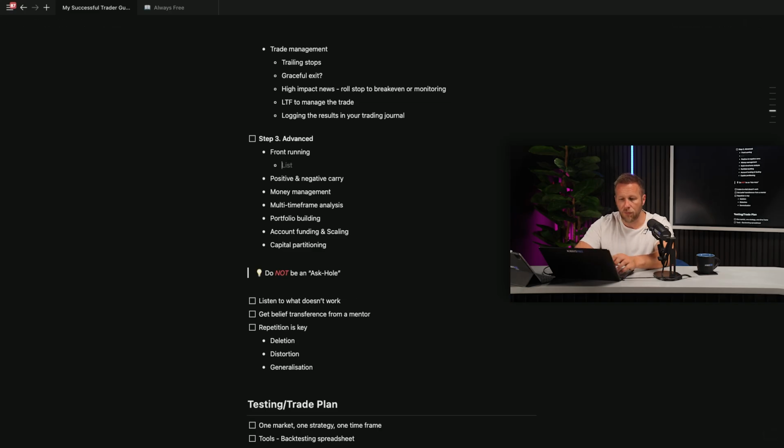So front running orders is placing your order just above or below the setup zone or the entry zone, and the same with your targets and stops. So if your target is at 1.025, you want to place your target at 1.0248.